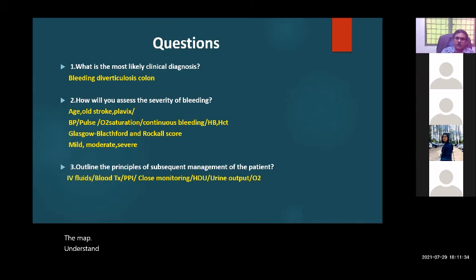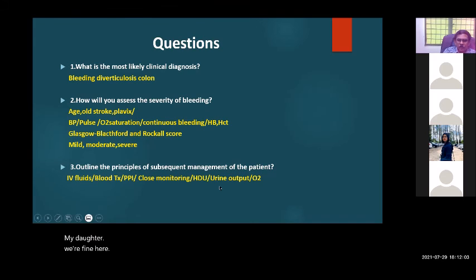So we also cover them with PPI infusion, so that once this bleeding stops, he doesn't get a stress ulcer and bleed from somewhere else, which would make the prognosis worse. Then close monitoring in HDU or ICU, of all the vital signs, saturation, BP, pulse, and also the urine output.